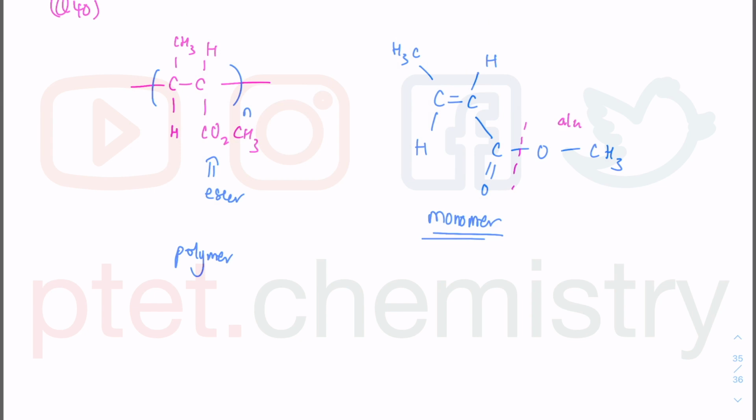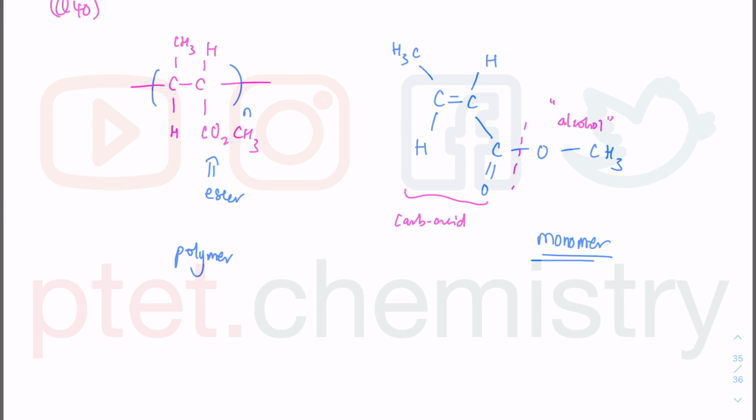This is the alcohol bit, and there is the carboxylic acid component. Probably should move that monomer somewhere down there so that it's not confusing.